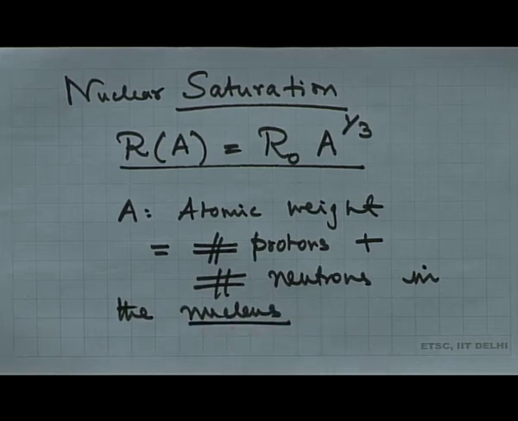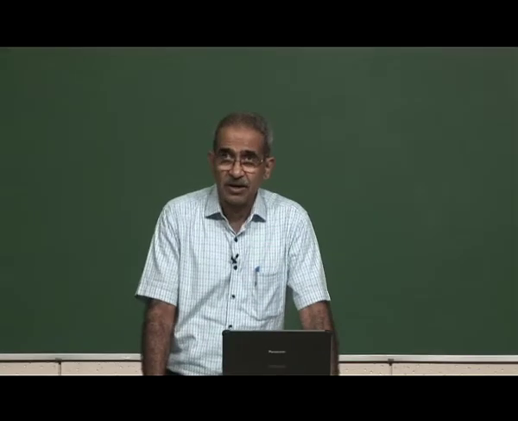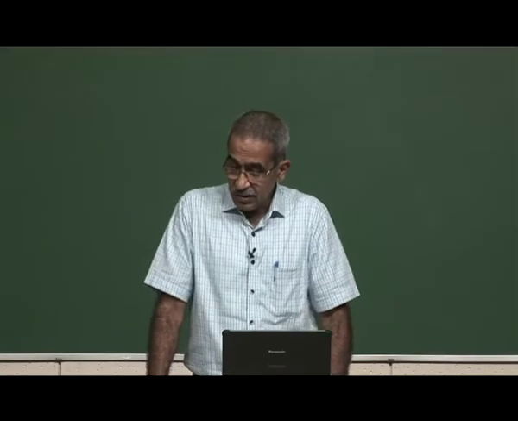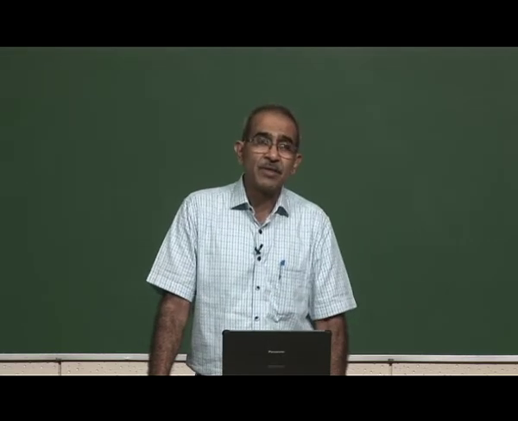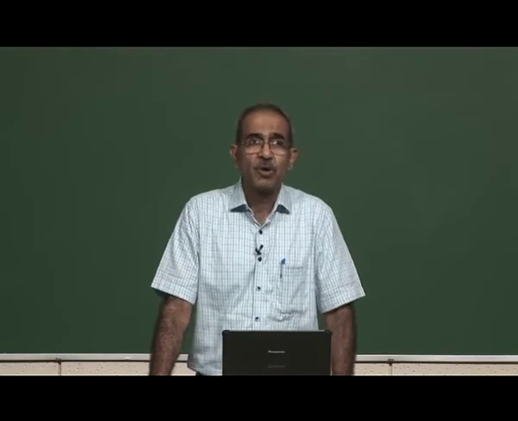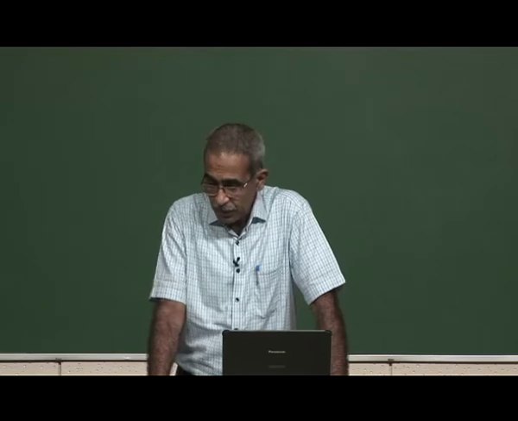If you ignore minute mass differences between the proton and the neutron, and also minute mass differences because of the mass defect or the binding energy, then A also represents atomic weight to a fairly good approximation. That is what we did.